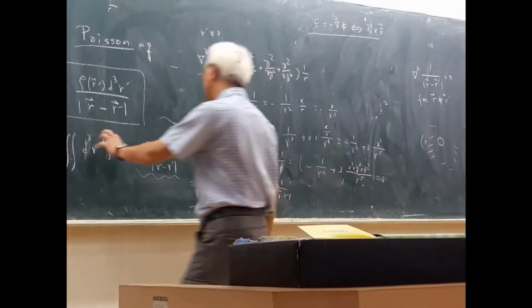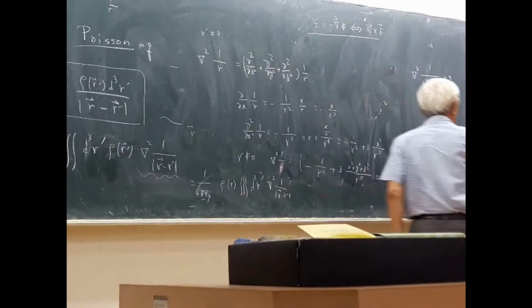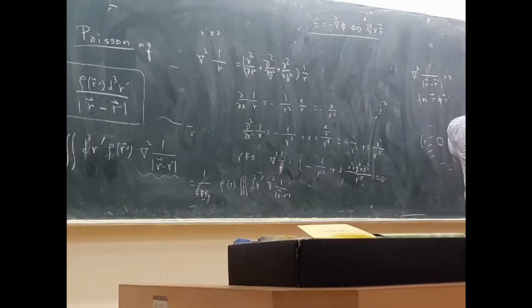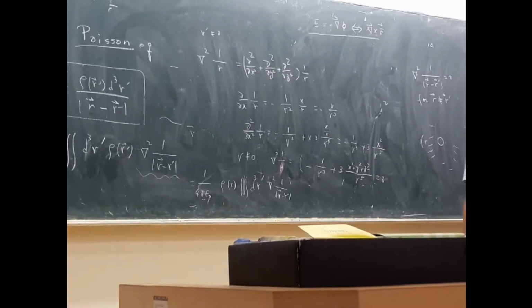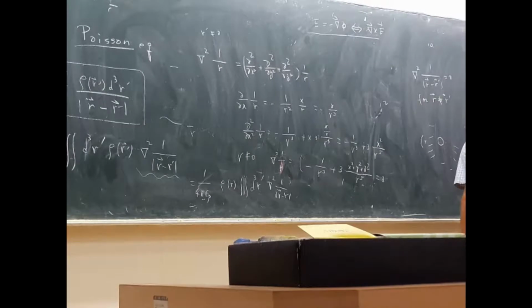So we make a divergent with the integration of divergent gradient, right? Divergent something is equal to the surface around. Okay. Alpha, right?